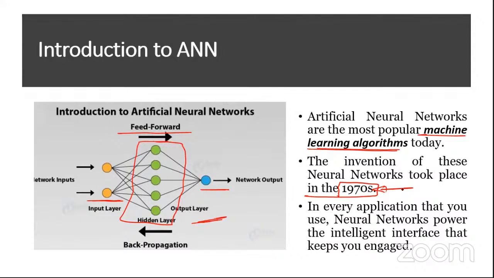But after the introduction of NVIDIA GPUs, there is no restriction with the computational power. So nowadays ANN has gained too much popularity among the research community and industries, and there are lots of applications based on ANN.